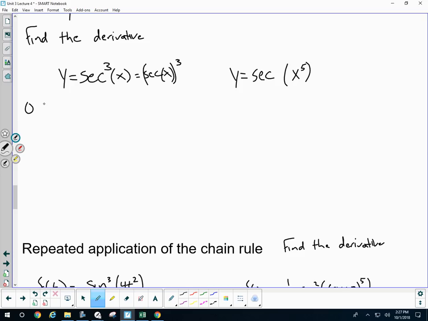So I wouldn't write the outside as secant cubed. I'd write the outside as stuff cubed. Inside is the secant of x.